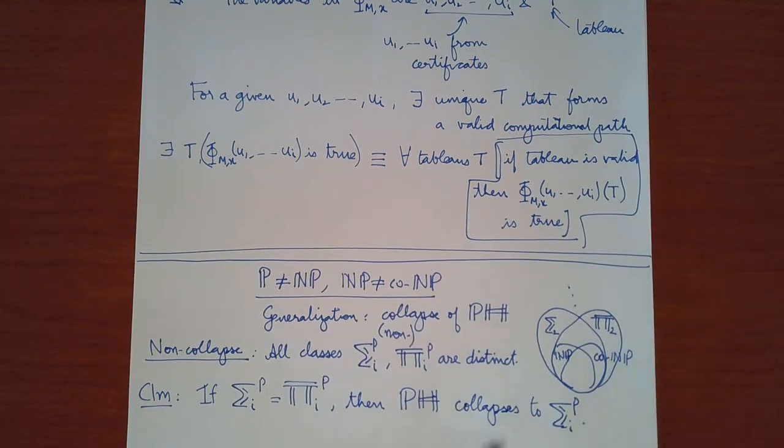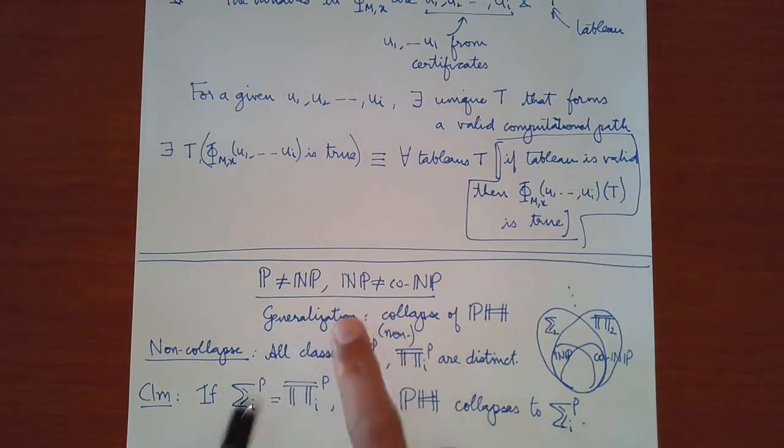You can just do it by induction. What this means is if the sigmas and pi's were the same at any point, then increasing the number of quantifiers doesn't buy you anything. Essentially, you can always take one quantifier and switch it at the end and then combine it. This requires a proof, but I hope the statement makes sense.